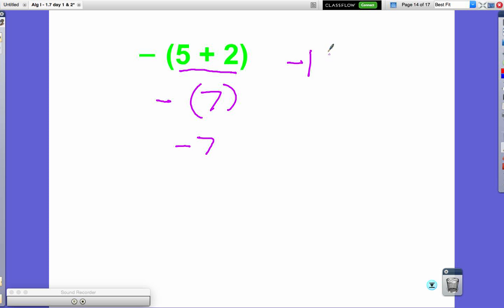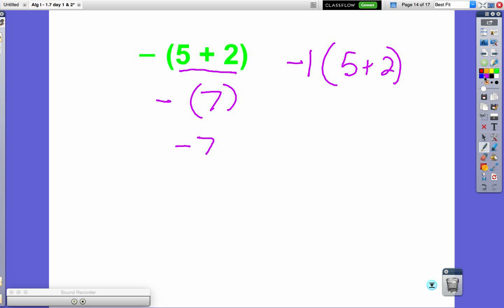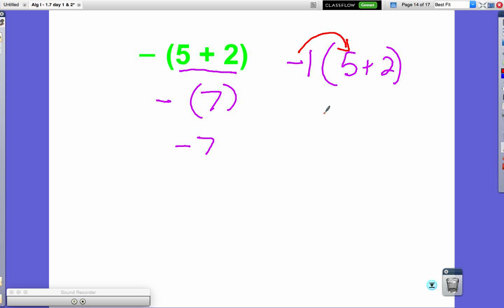So it's like negative 1 and 5 plus 2. And think if we do the distributive property like we learned today, this would say negative 1 times 5, which is negative 5. And then we have negative 1 times 2, which is negative 2. And notice when we combine these, we get the exact same answer.